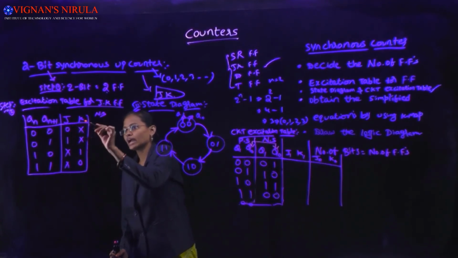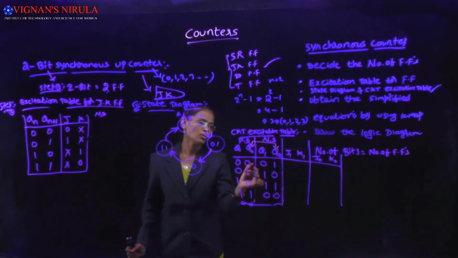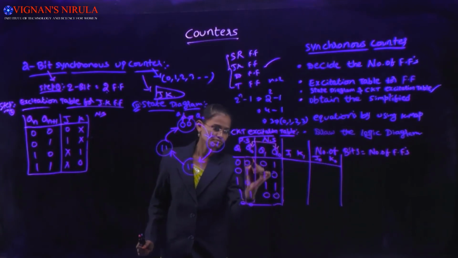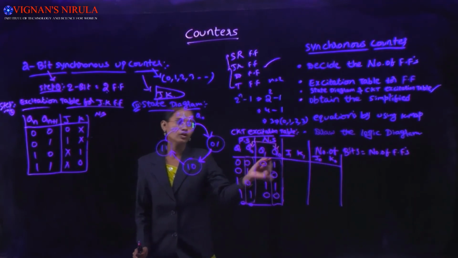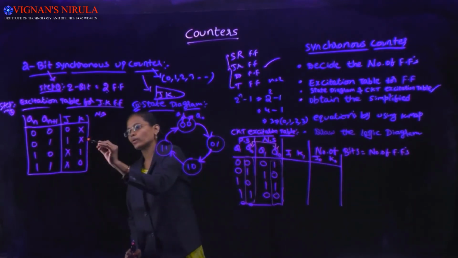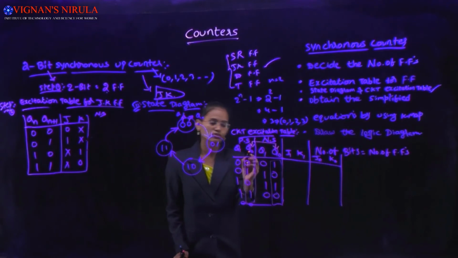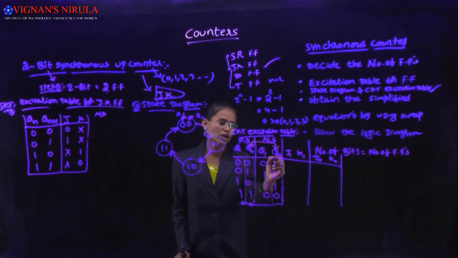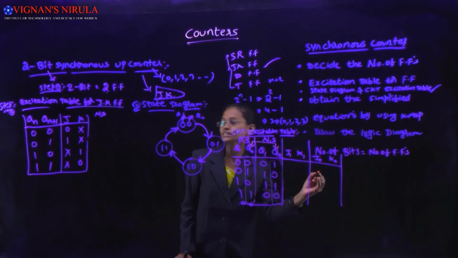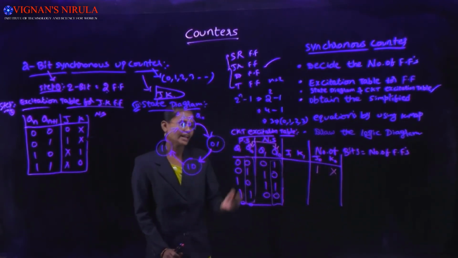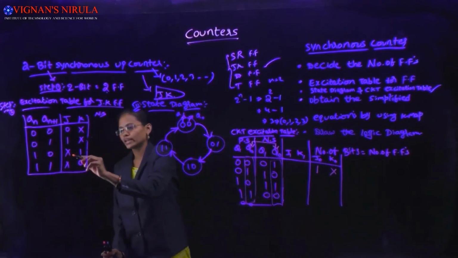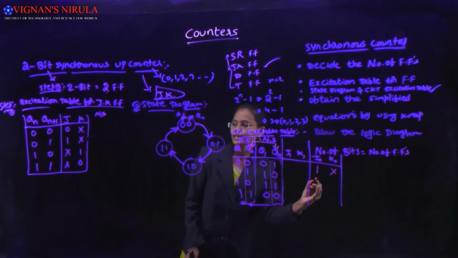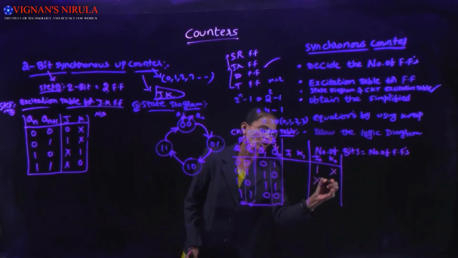J is 1 and K is X. So J0 and K0 are 1 X. And next, the present state is 1, next state is 0. 1 to 0 gives X 1. J0 is X, K0 is 1.